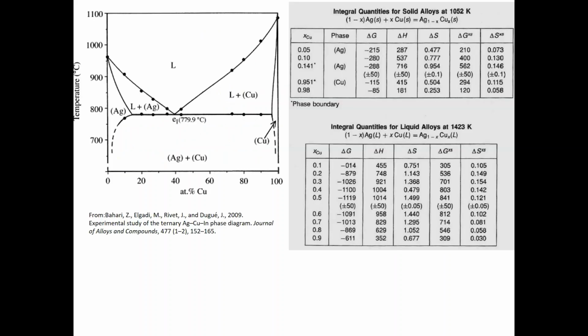Here's an example of the data that we care about when we're solving this type of problem. We have different heats when it's solid and different heats when it's liquid. One thing to point out is that even though it's an x notation, this is actually mole percent.